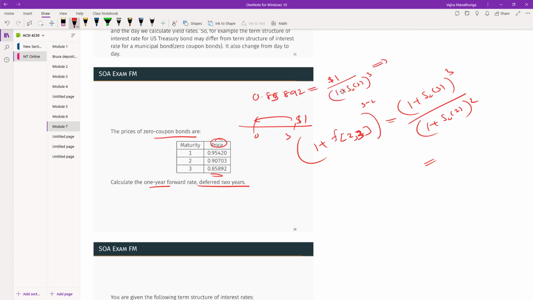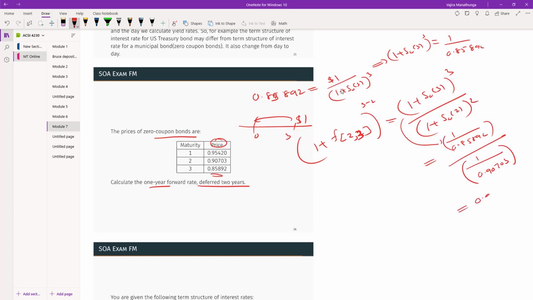So basically, the top one would be 1 divided by 0.85892, with similar logic, and the second one would be 1 divided by 0.90703. So that would give me 0.90703 divided by 0.85892. And that would be the forward rate for 1 year, 2 years from now.